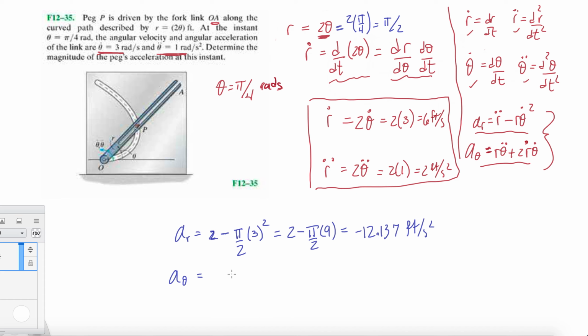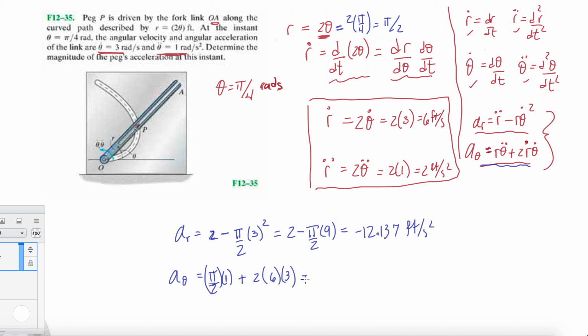And then for the theta component, the angular component is going to be r, so pi over 2, times theta double dot, which is just 1, plus 2 times r dot, which is 6, and then theta dot, so that's 3.